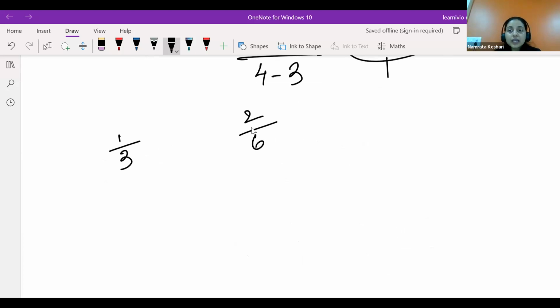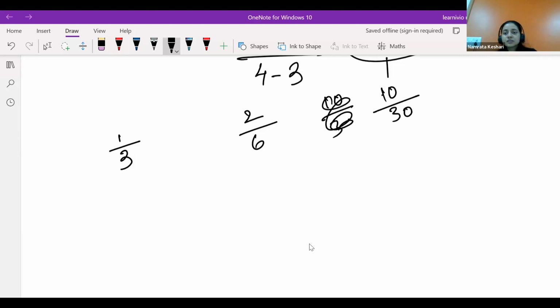You are completely allowed to write 1 by 3 as 2 by 6 because both are exactly the same fraction. Yes or no? So 1 by 3 means 2 by 6 or maybe 10 by 30.